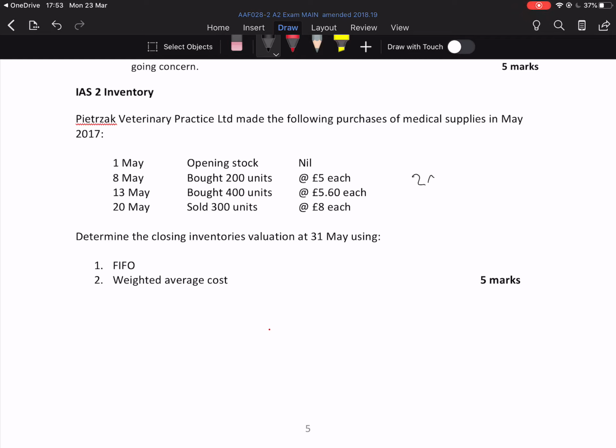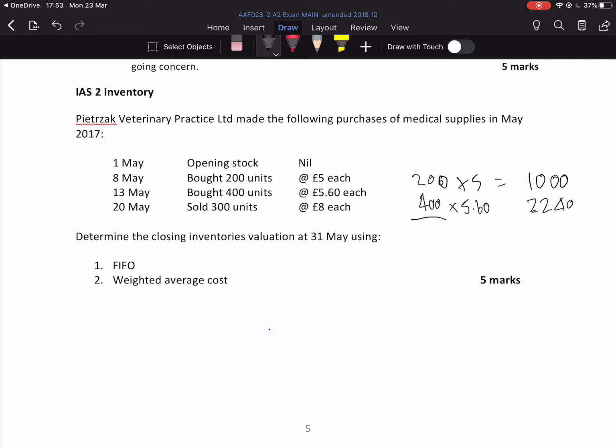So on the 8th of May, you've got 200 units times 5 equals £1,000. And then on the 13th of May, you bought another 400 units times £5.60, which is £2,240.